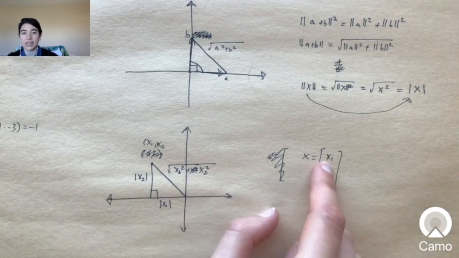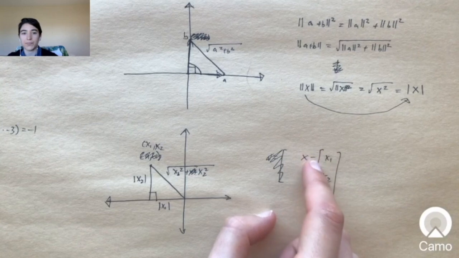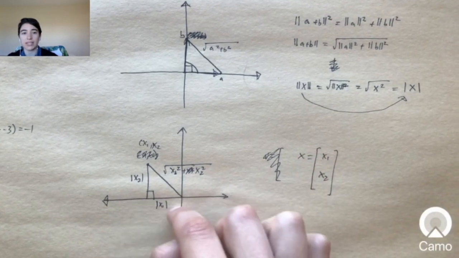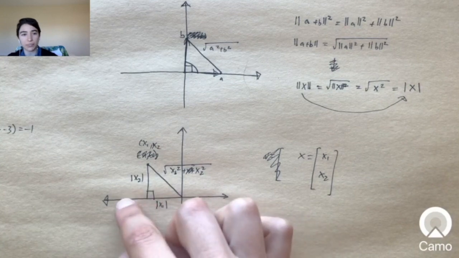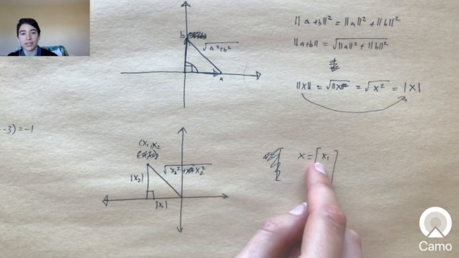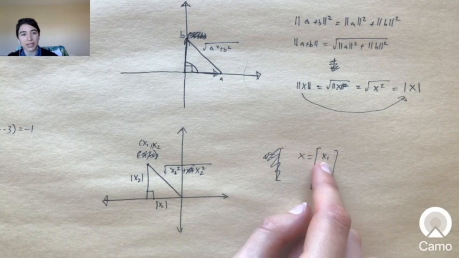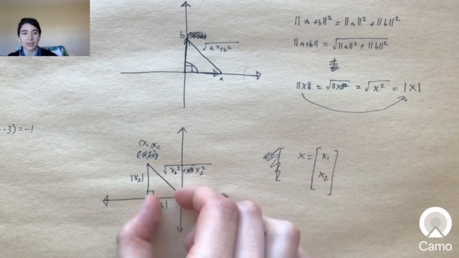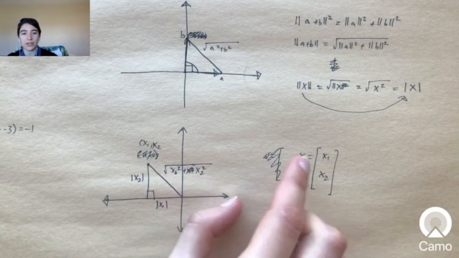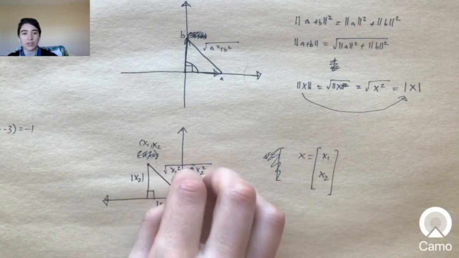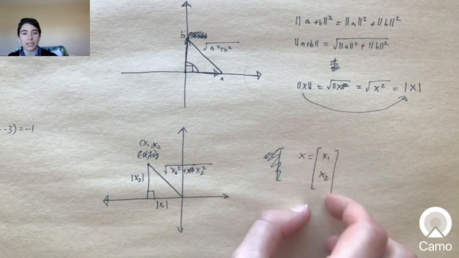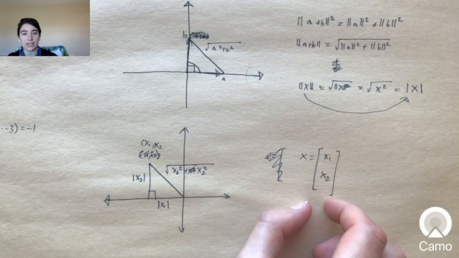We have some amount on this axis, or basis, scaled by x1, and our second element scaled by some amount of x2. Then we could add those together, and that would give us this vector right here.